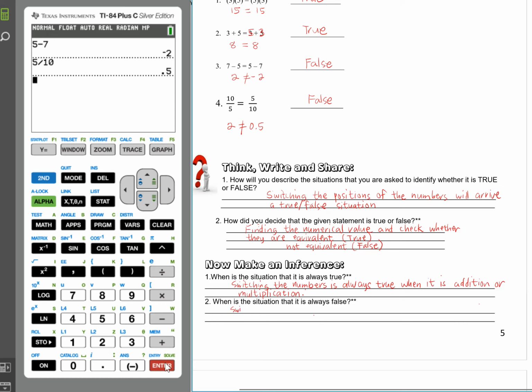So switching the numbers is always false when it is subtraction or division. Okay, that's it.